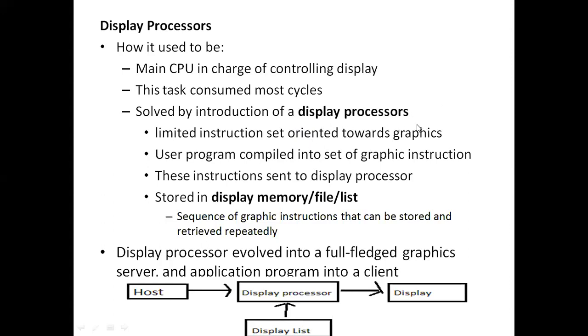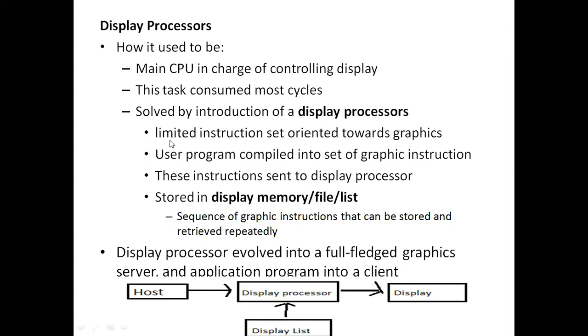Whenever I talk about a processor, if they dedicate some part of the processor for me, obviously some memory will also be dedicated for me. So when they solved this issue by giving display processors, that means some part of the processor was allocated for displaying the images.